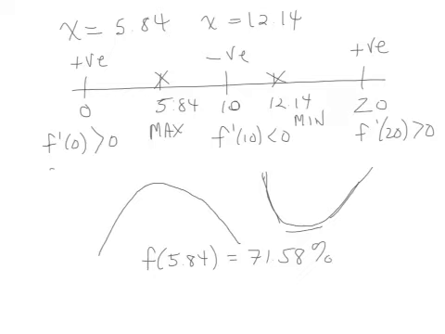And we would do the same thing for the other critical point of 12.14, and we would find that that gave us a value of 61.24%. Okay, there you are.